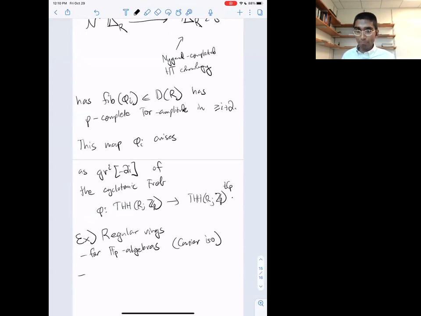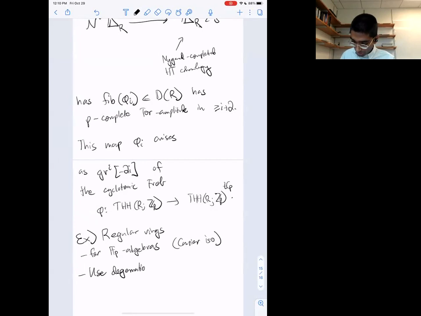And the idea is that you can reduce to the case of F_p-algebras via a degeneration argument. This argument is due to Hahn and Wilson in a somewhat different setting.